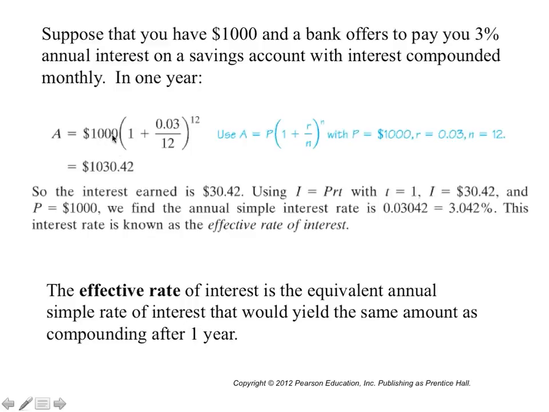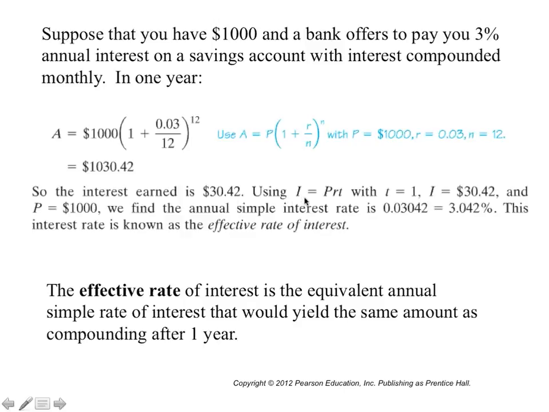You take your $1,000 times 1 plus your 0.03, which is your interest rate, divided by 12 since it's compounded monthly, and raise that to the 12th power. If you do that in your calculator very carefully, you get $1,030.42. So the interest that we actually earned is $30.42.